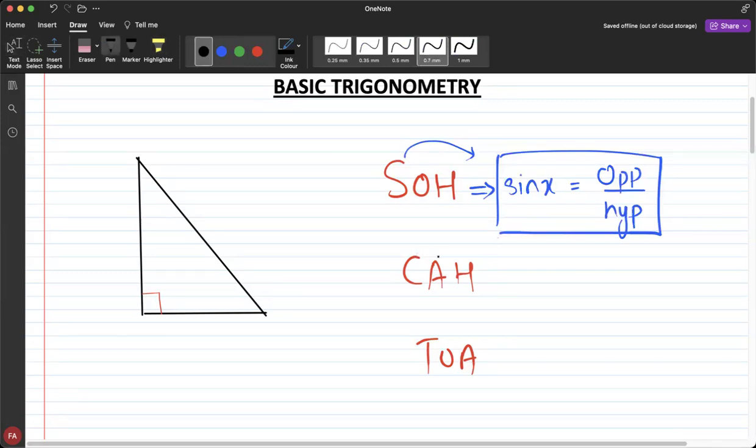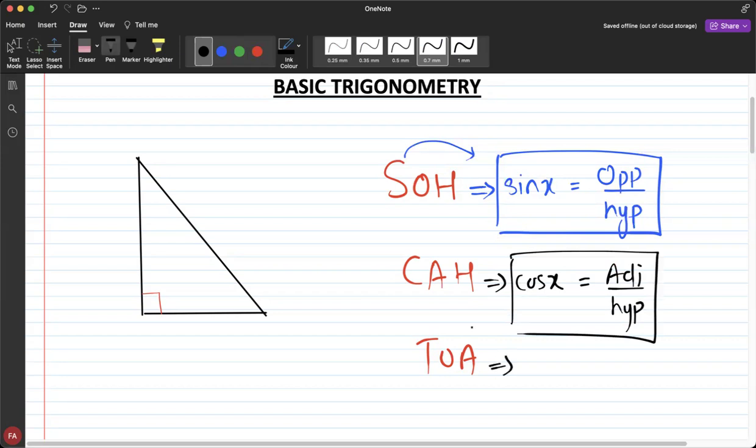In a similar way, the C means cos of x, where A represents adjacent and H represents hypotenuse. The third one is tan x, or tangent of x, which is equal to opposite over adjacent.